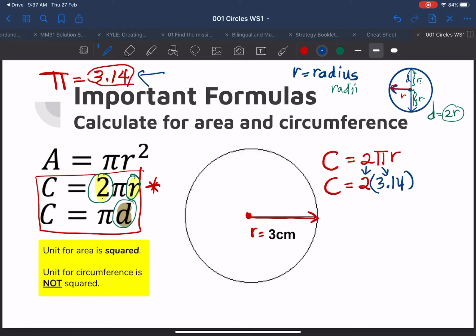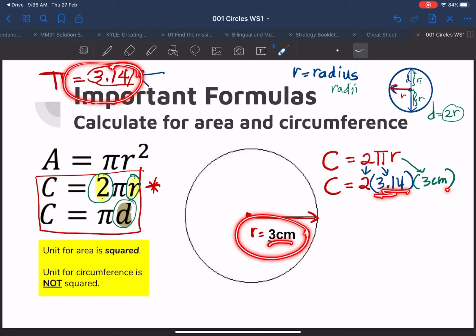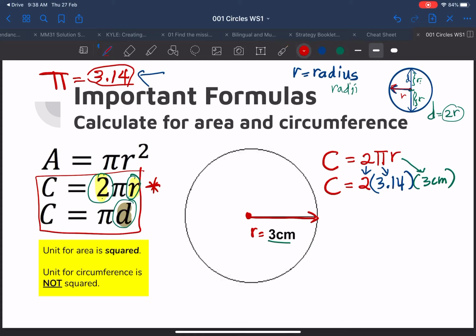So I just brought down the 2, I brought down 3.14, and the radius is 3 cm. Once I figured out what the formula is, all I need to do is substitute the actual values. We know that pi is 3.14. We know the radius is 3 cm. Okay? So let's calculate.